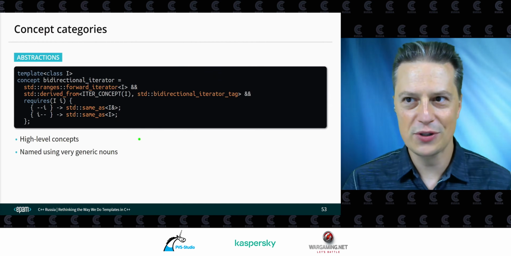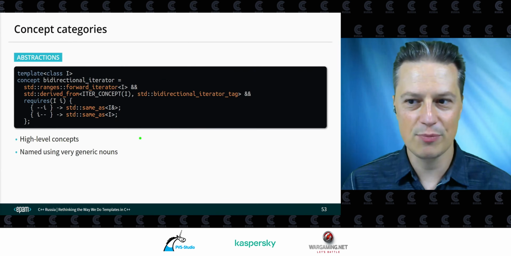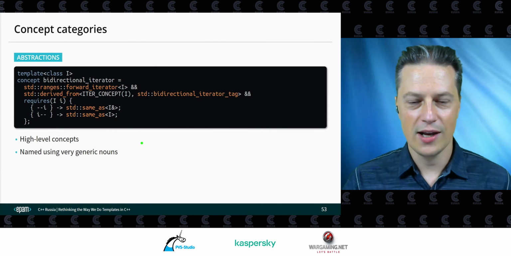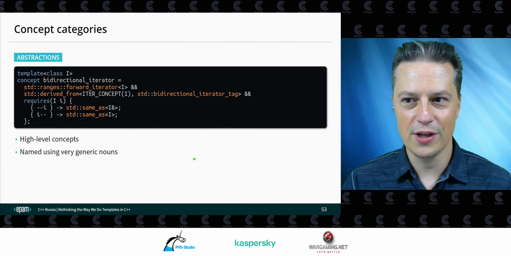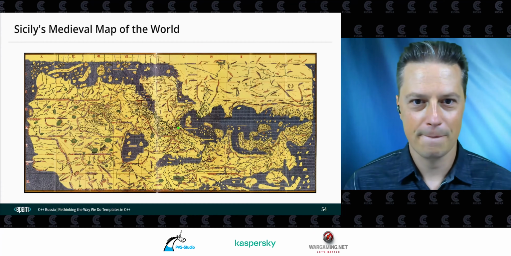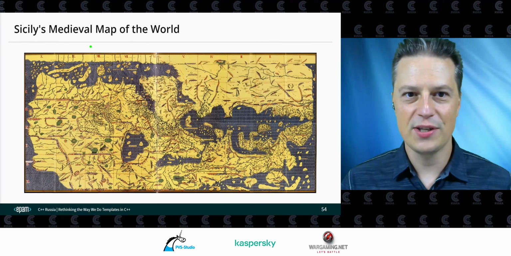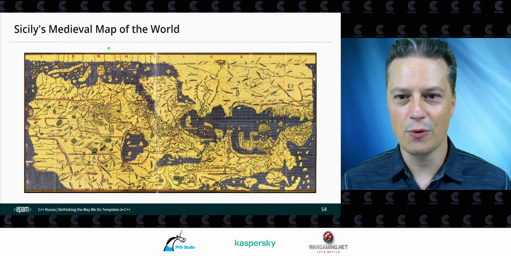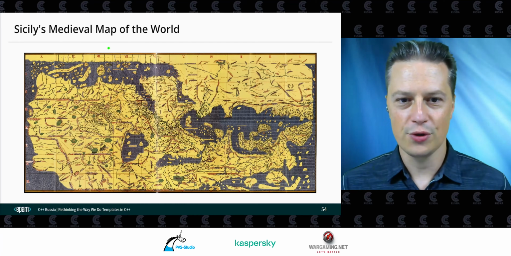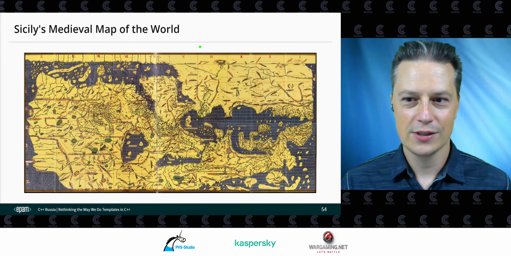This is mostly gathered from the range-v3 and the ranges standardization process. And this is our point of view of the world. This is an old Sicilian map of the world, as the people at this time were realizing how the world looks. Do you see what part of the world it shows?